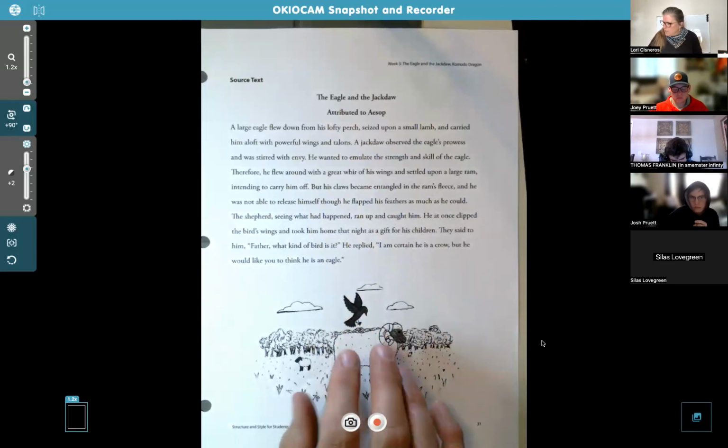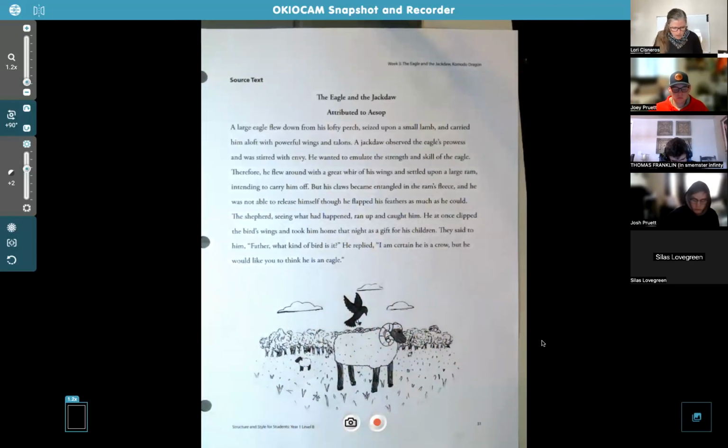You'll see here the word lofty as we're reading. Lofty means very high. A talon is a sharp hooked claw of a bird of prey. That's kind of like their nails that come out on their feet, so those are called talons. You probably already knew that. A prowess is an unusual skill or ability.